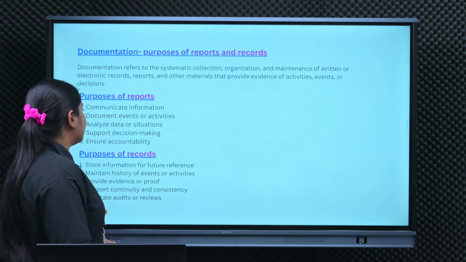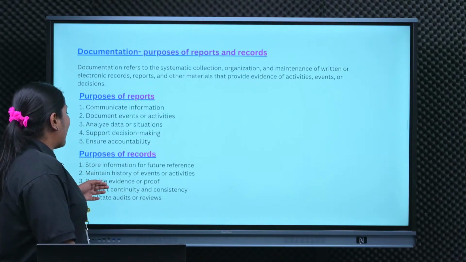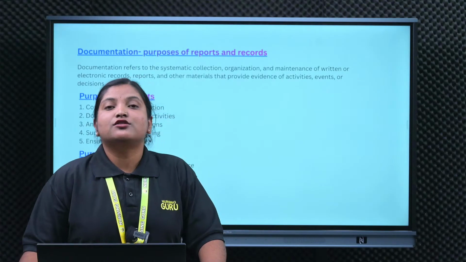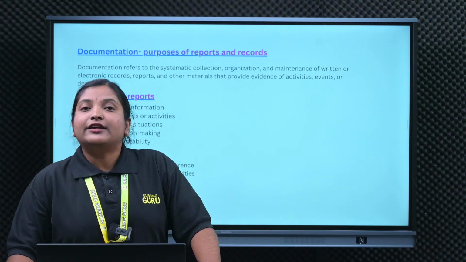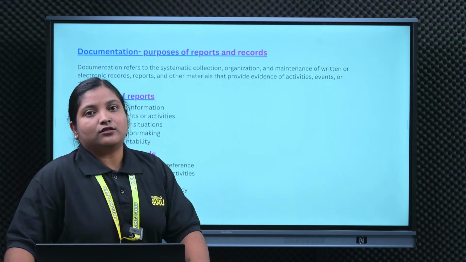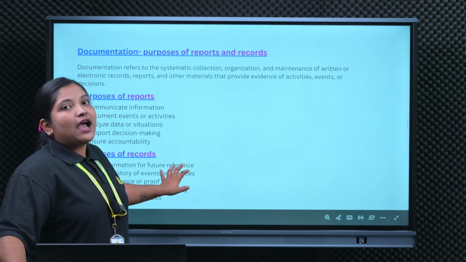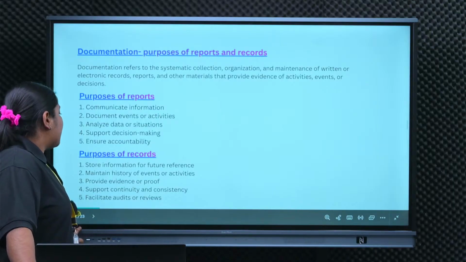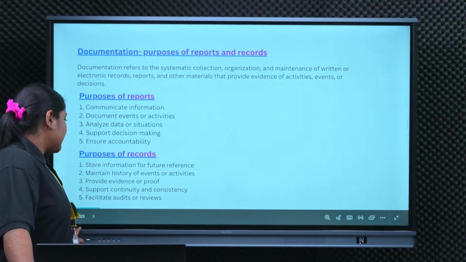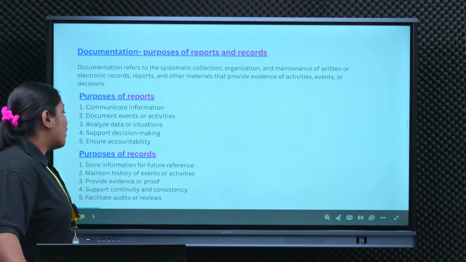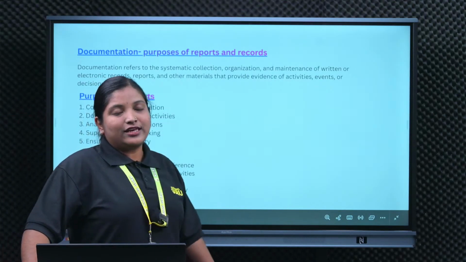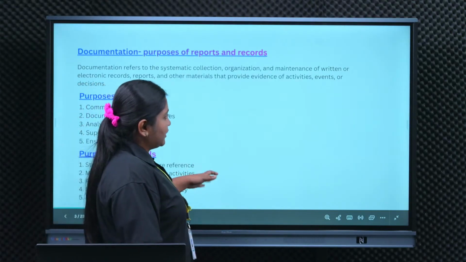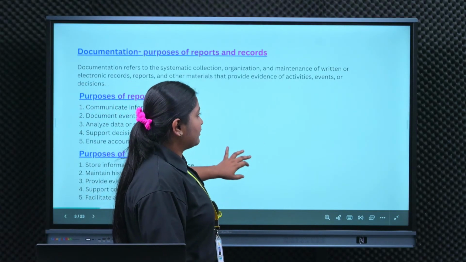So certain things are very important. The next one, provide evidence or proof, okay. So in any kind of complications, you have to provide the evidence for your care, and this acts as a proof, okay. The next one is support continuity and consistency and facilitate audits or reviews, okay. So these are the purposes we have to fulfil through this documentation and reports.